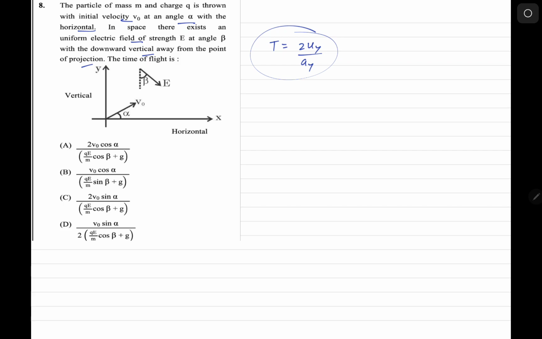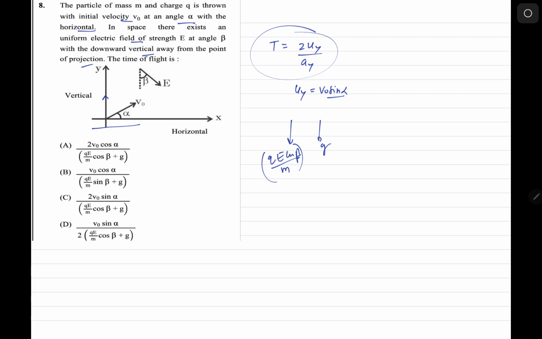You can see here from this velocity v0 and alpha, the initial velocity in y direction is v0 sine alpha, and the acceleration in y direction. So who will produce the acceleration? The electric field as well as the gravitation. You can see here that the electric field in vertical direction is E cos beta, and there is g already there. Now if we write the force, it will be qE and the acceleration will be qE by mass.